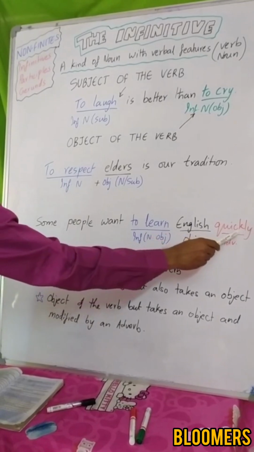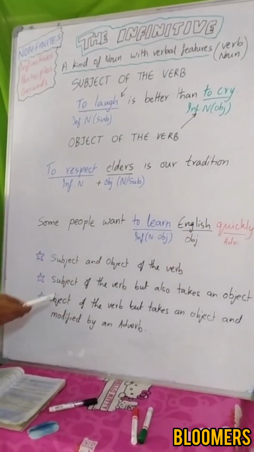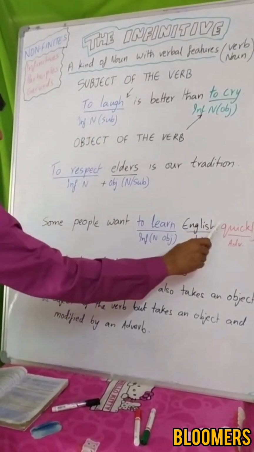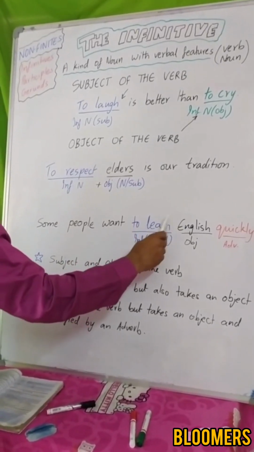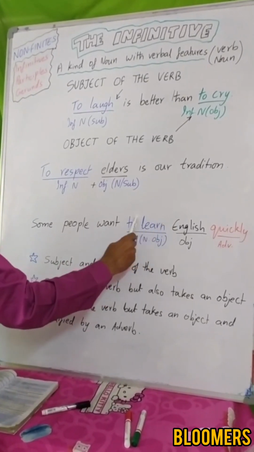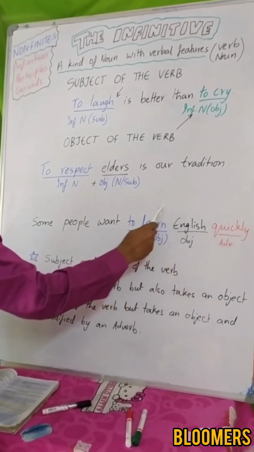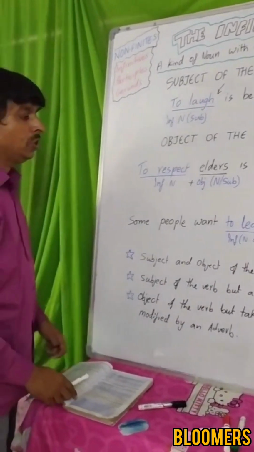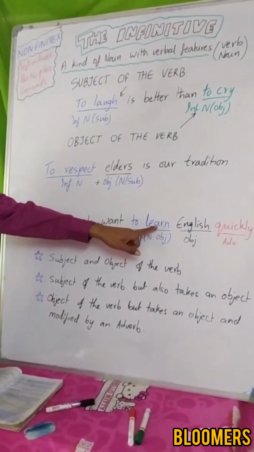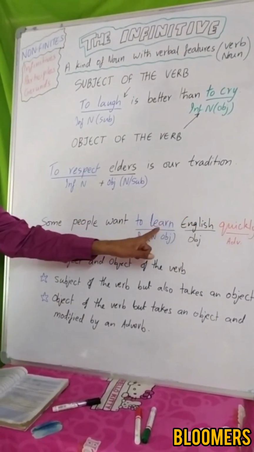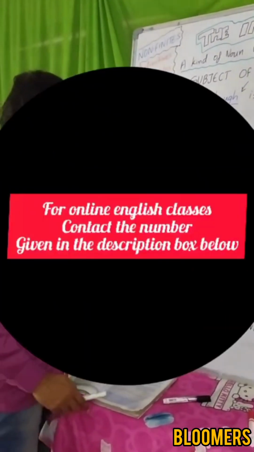So to learn is modified by an adverb also, just like an ordinary sentence. It is taking an object. At the same time, to learn has verbal quality, so it is modified by an adverb. So here we have to see that to learn is not only a noun, it is also like a verb. That is why quickly is able to modify learn.